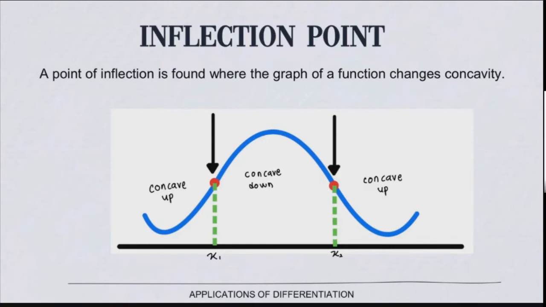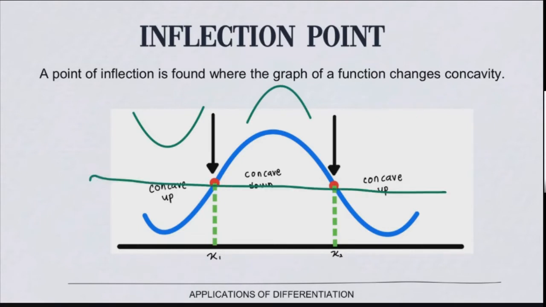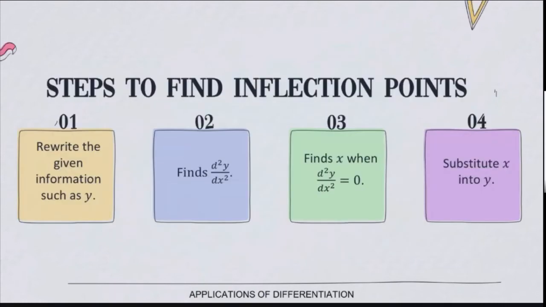You can see in the diagram the graph changes from concave up to concave down, and then changes again to concave up. The point in the middle is the inflection point. In this graph there are two, x1 and x2. The steps to find an inflection point we will go through during the example.